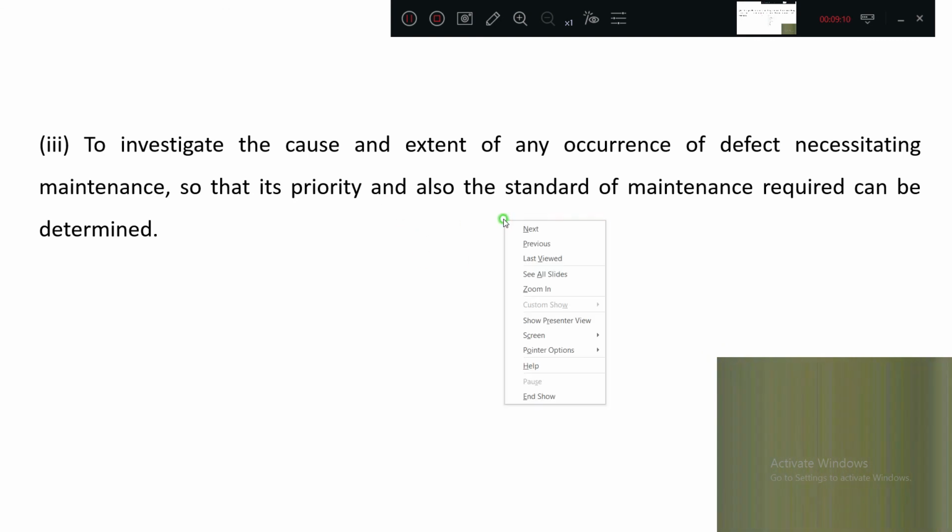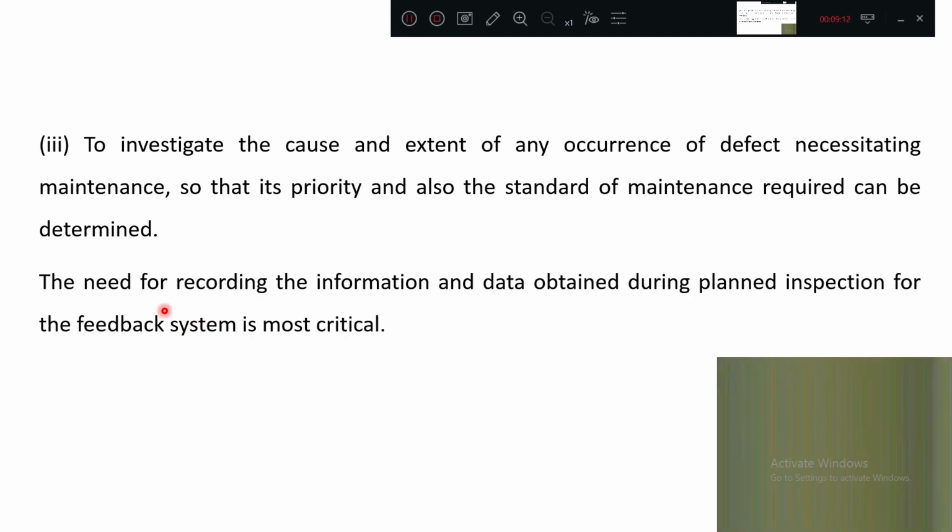So that is also obtained in the planned inspection report. The need for recording the information and the data obtained during the planned inspection for the feedback system is most critical. This feedback system, that means what? Recording the information for the feedback system is very important.